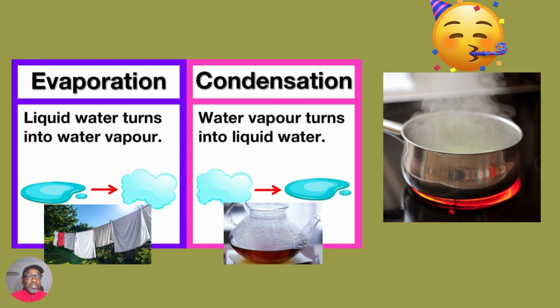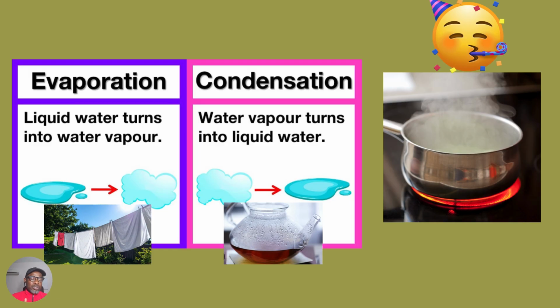Next, we'll talk about evaporation. If you can remember, evaporation and condensation. And what do we say is evaporation? When liquid water turns into water vapor. That happens by boiling or by increasing the temperature of the environment where the water is.